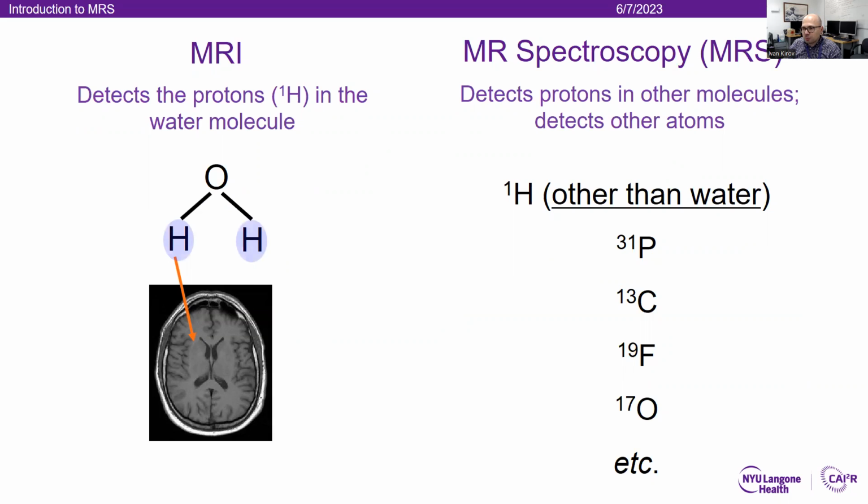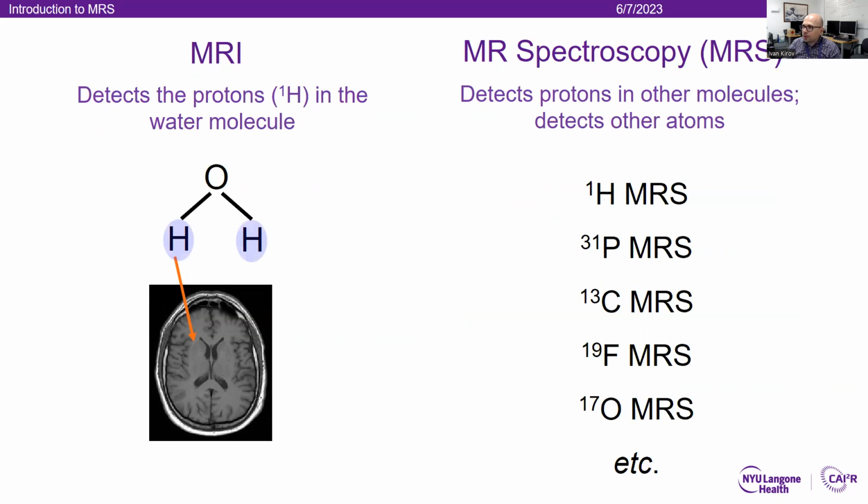Of course, the brain is not just water, and MR spectroscopy gives us a way to look at other constituents of the brain. And there's different types of MRS that allow us to do that. With proton MRS, we can detect protons of molecules other than water.